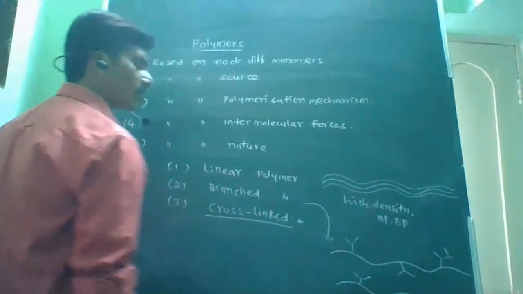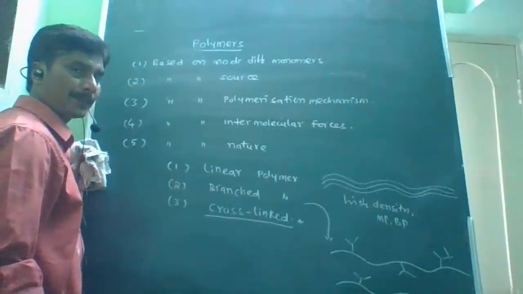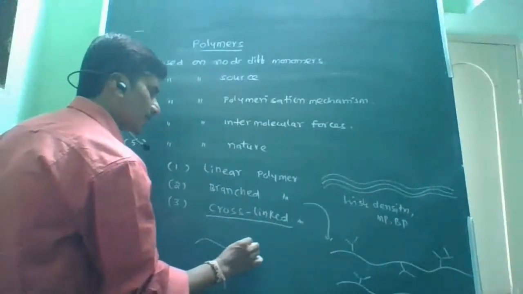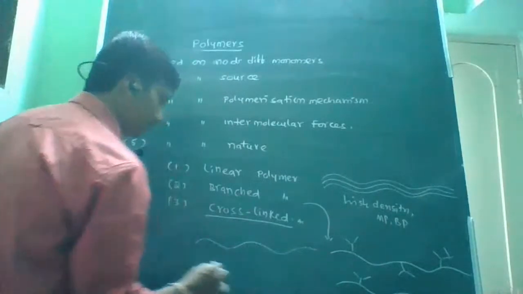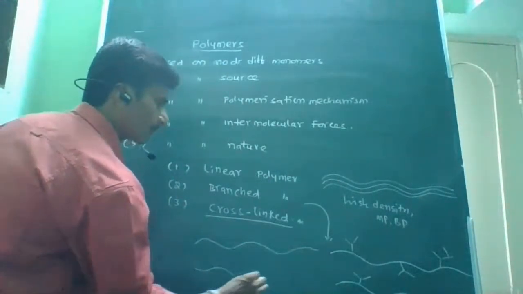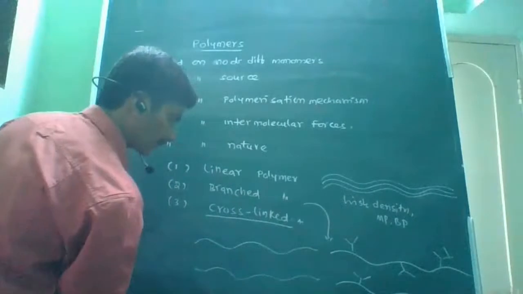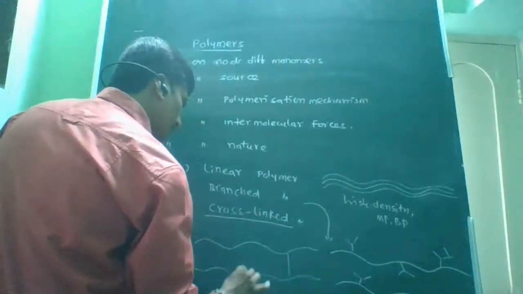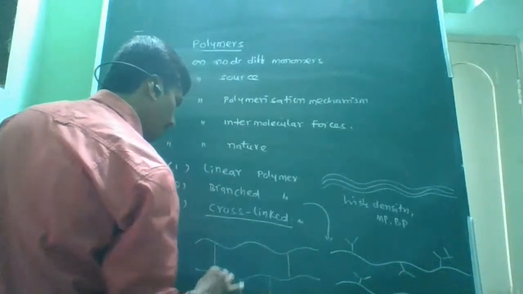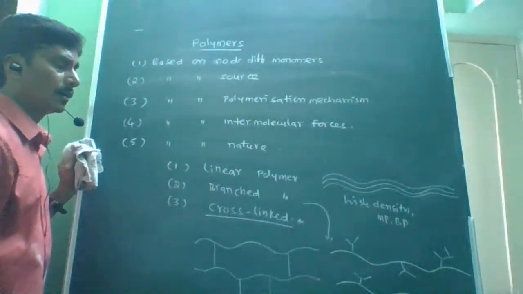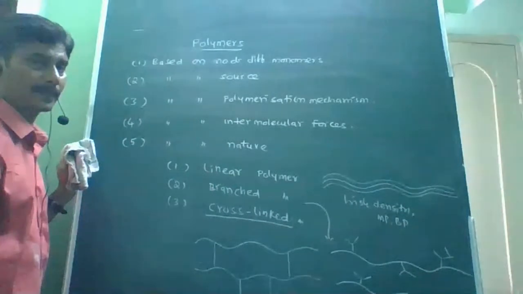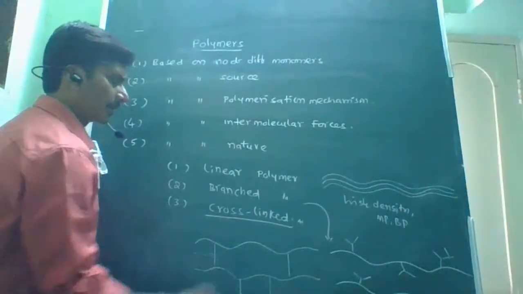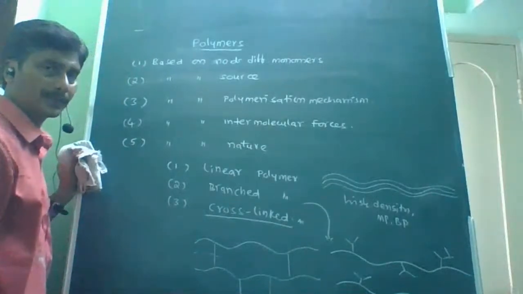And third one come to the cross-linked polymers. Among of the monomer chains, cross links are present between the monomer units. To break the bond, they require a high amount of energy.